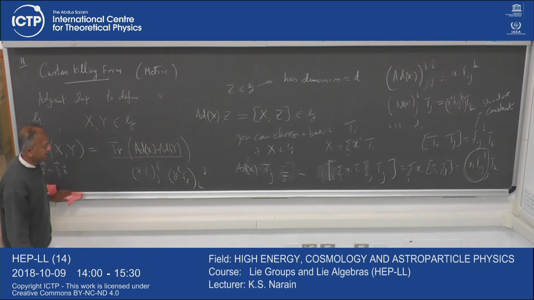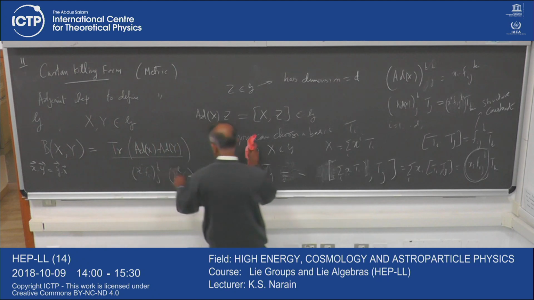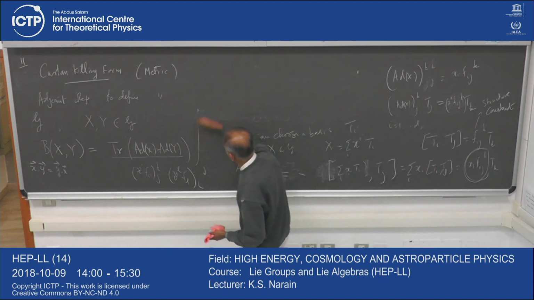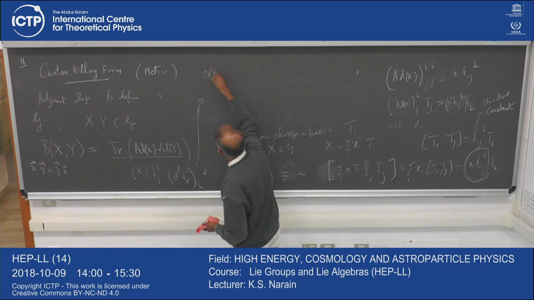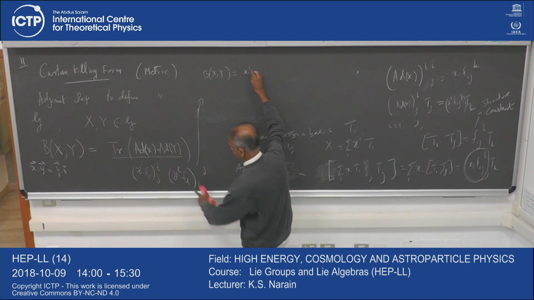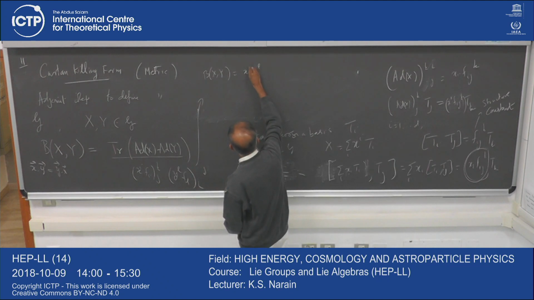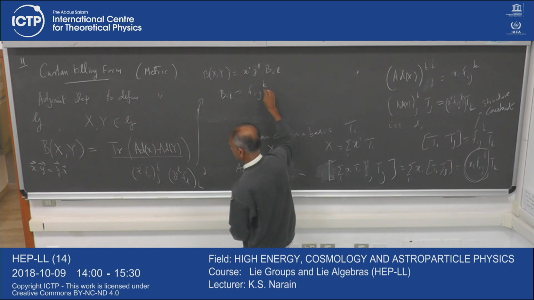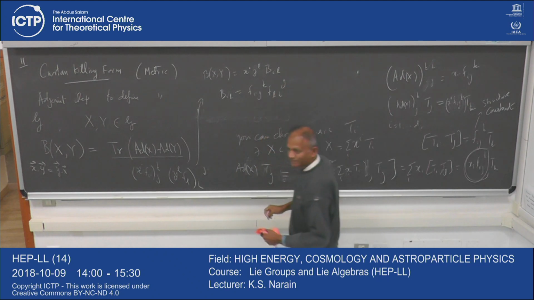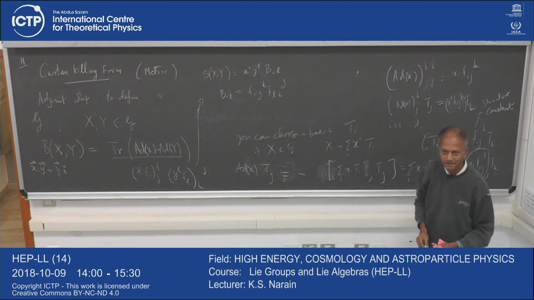From here, we find that B(X,Y) is equal to X_i Y_l times some B_il, where B_il is F_i_jk F_l_kj.